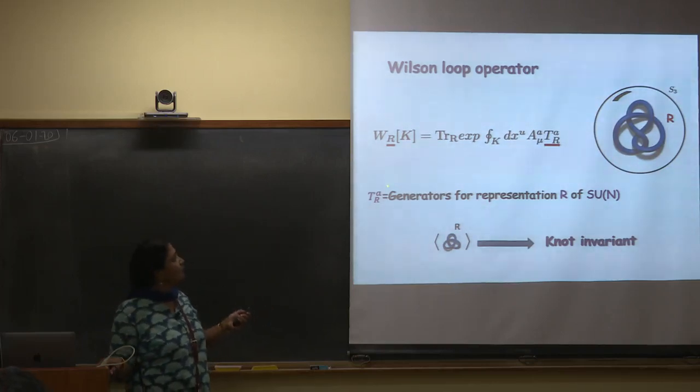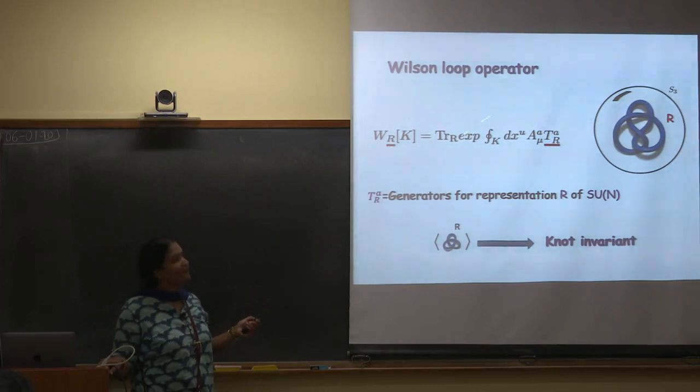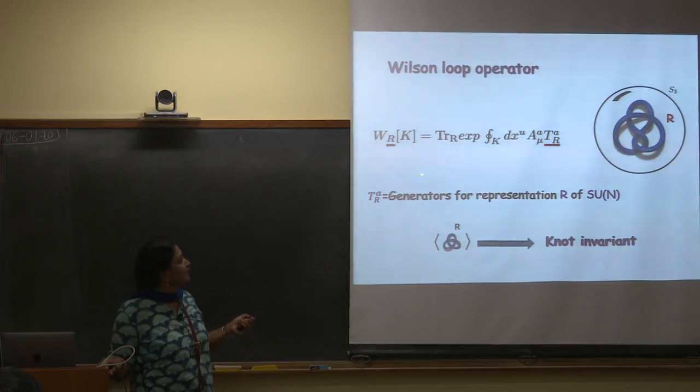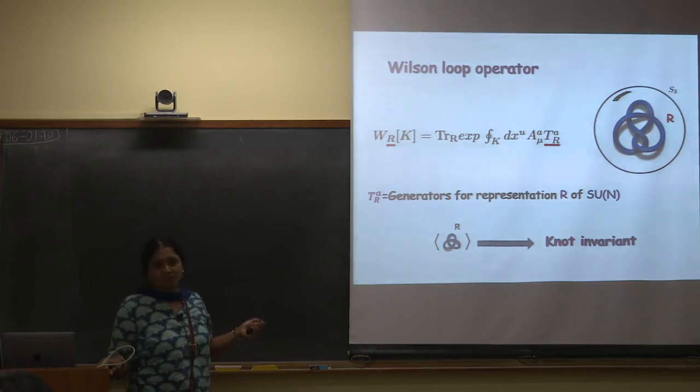We want to look at a metric independent and gauge invariant observable. It is a gauge theory, so I need an observable which is metric independent and gauge invariant, and that is nothing but the Wilson loop operator.